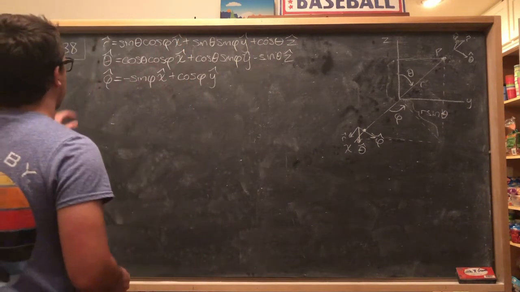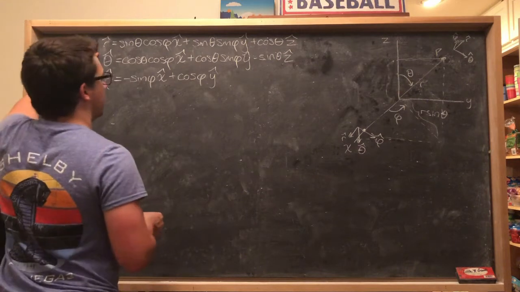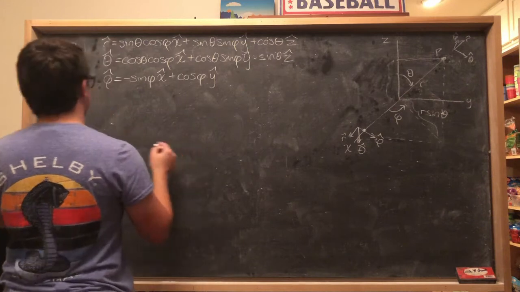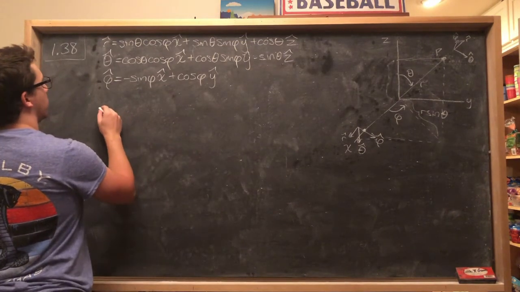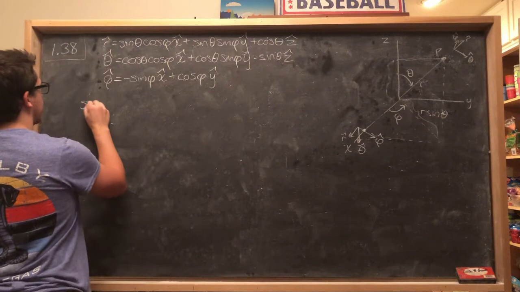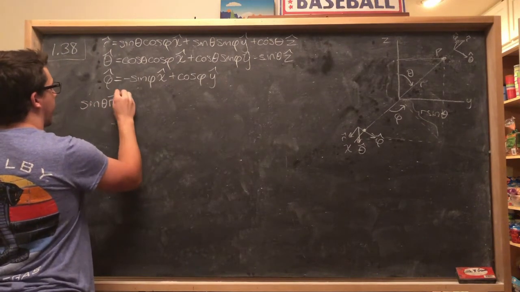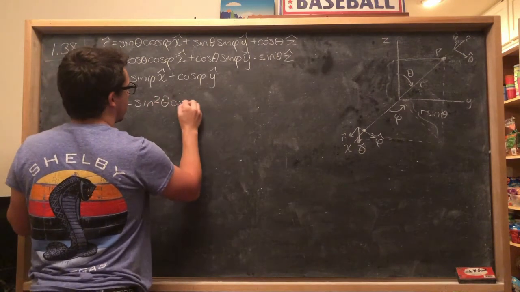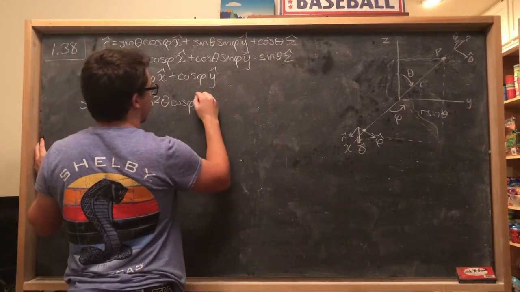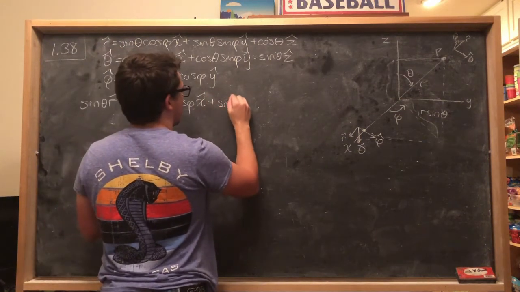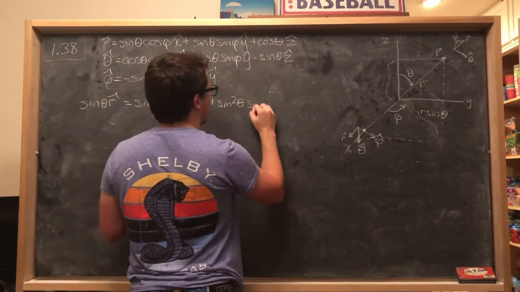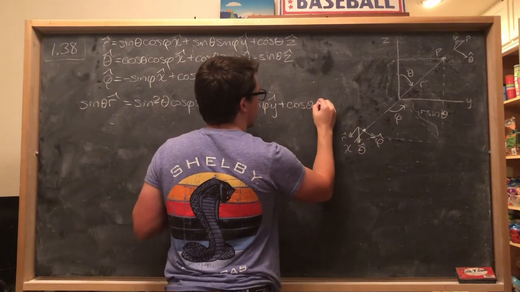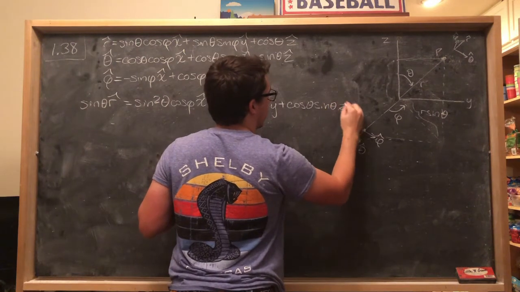For example, how would we get this z hat isolated? Well, we could do sine theta r hat, which equals sine squared theta cosine phi x hat plus sine squared theta sine phi y hat plus cosine theta sine theta z hat.